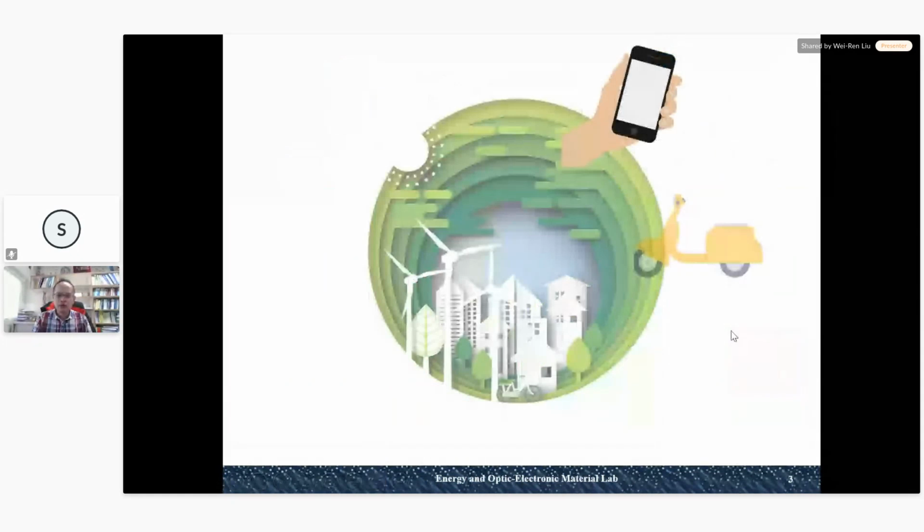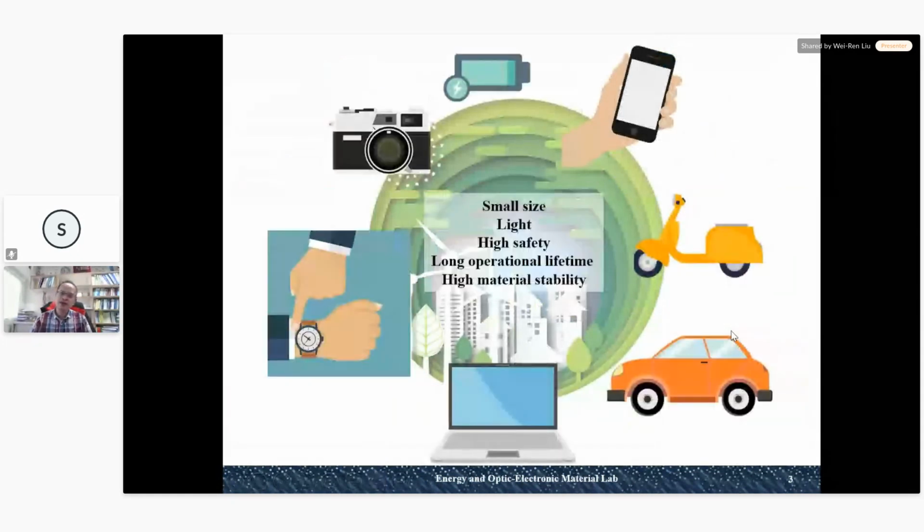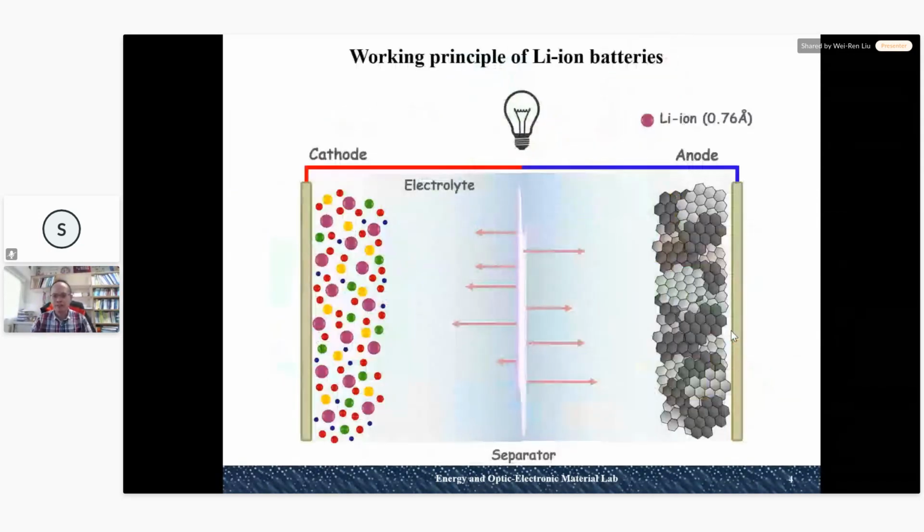As we know, lithium batteries have many advantages, including small size, light weight, high safety, longer operation lifetime, and high stability, so they have been widely used in our daily life. Here is the working principle of the lithium battery, including the cathode and the anode. It is very important to improve the properties of the cathode and the anode to get a higher energy density.